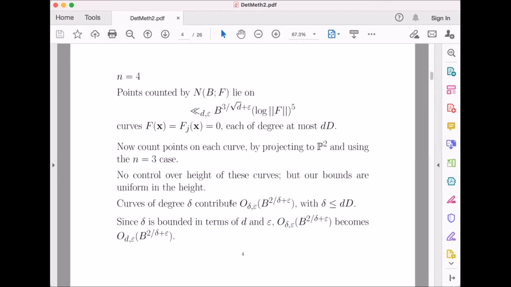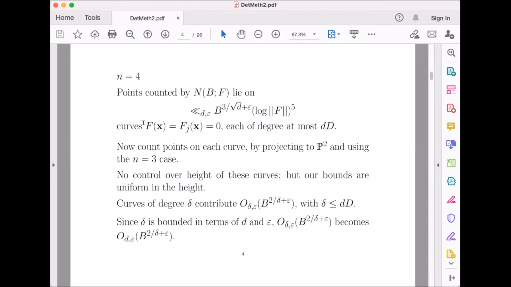Let's see what happens with n equals 4. Now this time the number of auxiliary polynomials fj is B to the 3 over square root d plus epsilon. That's what that complicated expression in the exponent leads to. And now we have log F to the 5th power.